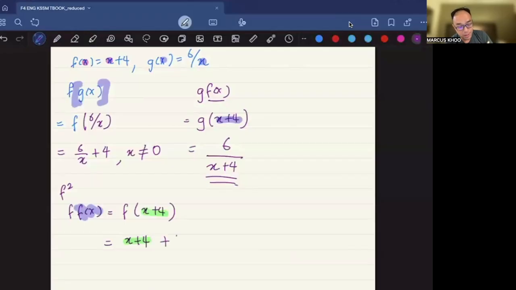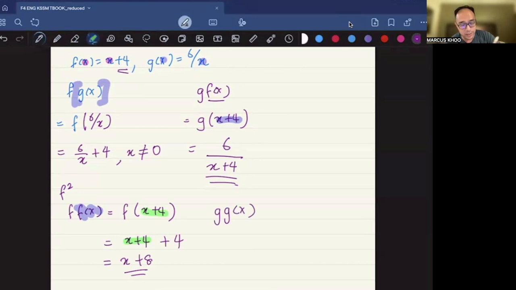Then we plus 4 again because the original equation is object plus 4. Our object now is x plus 4, therefore object plus 4 will be x plus 4 plus 4, which will give you x plus 8. Done.